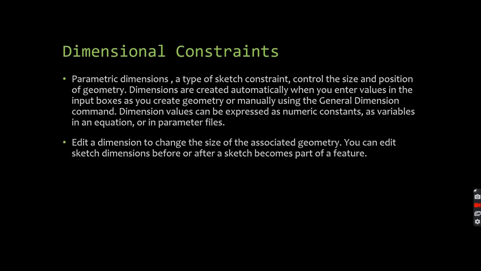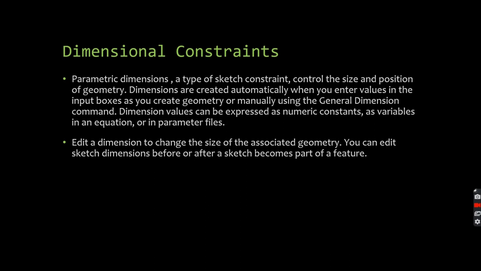There's also dimensional constraints or parametric dimensions. It's a type of sketch constraint to control the size and position of the geometry. The dimensions are automatically created when you enter values in the input boxes as you create geometry, or manually using the general dimensions command.